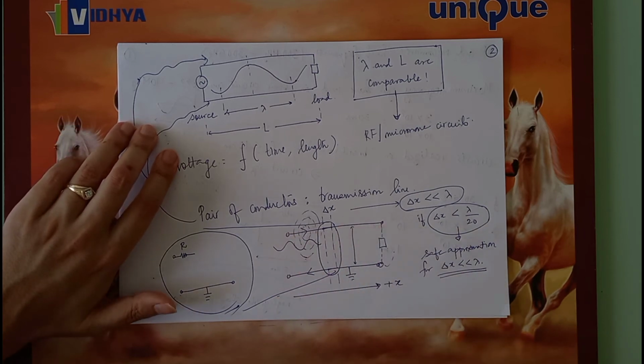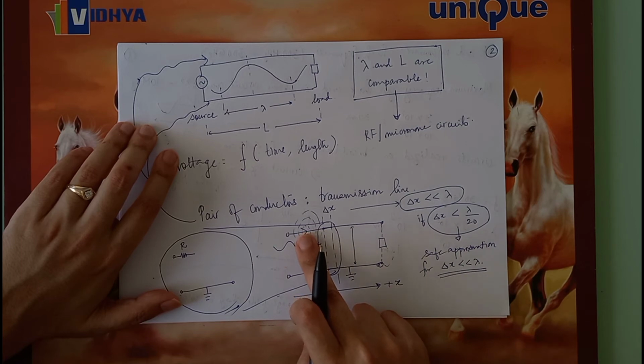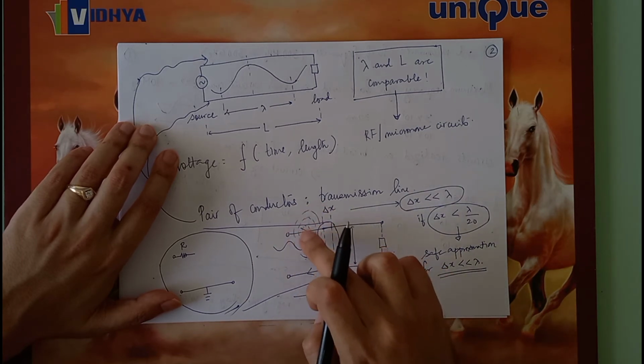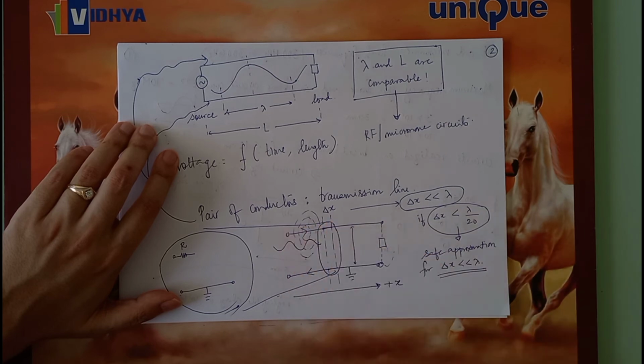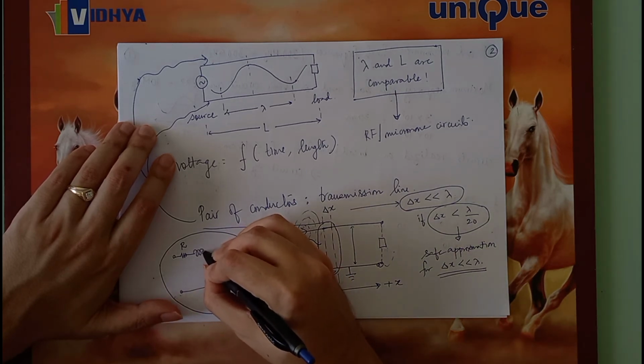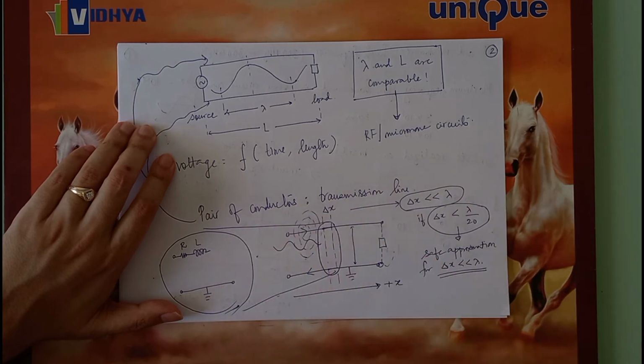Therefore, because of this time varying magnetic field, there will be some EMF induced back onto this conductor, and that phenomenon is called inductance, or the self-inductance of the wire, L.